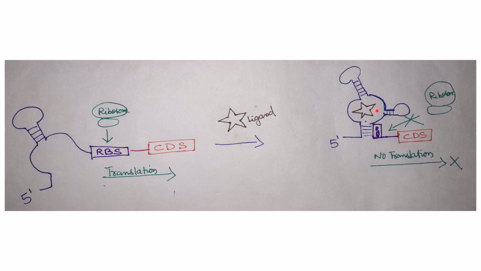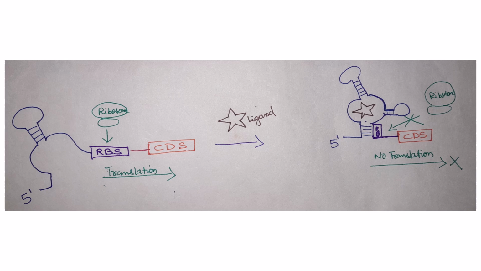See here, the ligand is bound to the aptamer domain of this non-coding RNA at the 5' UTR. And what is it doing? It will sequester the ribosome binding site. See here, this is the RBS; complementary base pairs have formed upon binding of the ligand, and the RBS is not available for the binding of the ribosome, and there will not be any translation. So these are called riboswitches.